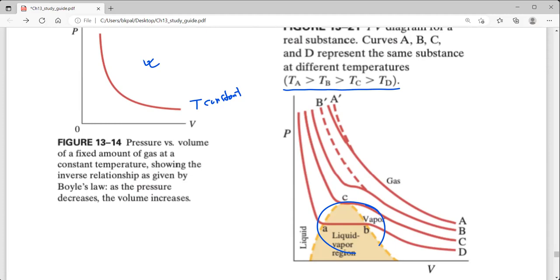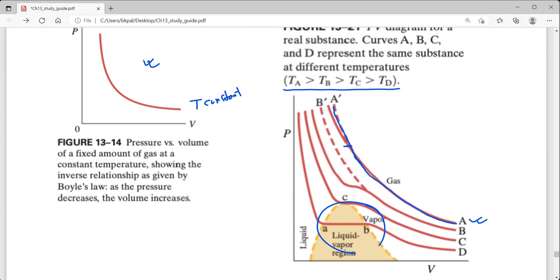Here you see that A is far from the boiling point, and it follows the ideal gas equation nicely. The ideal gas equation is basically this dotted line, and for low pressure, it follows exactly the same curve. But when the pressure is a little bit high, then it deviates. So it makes sense.